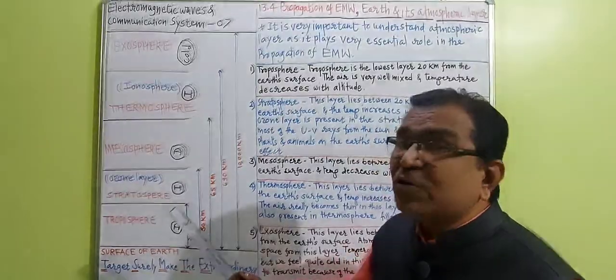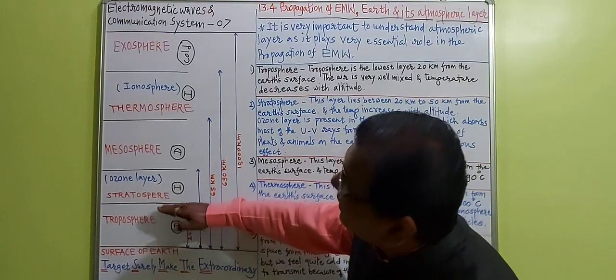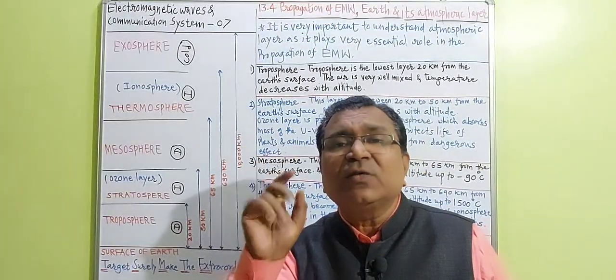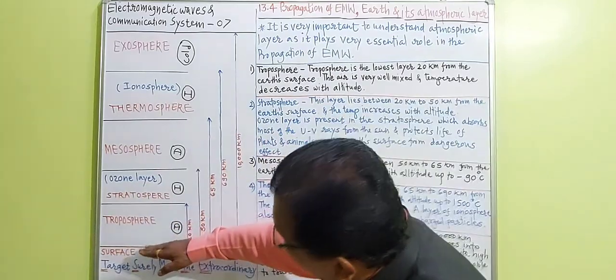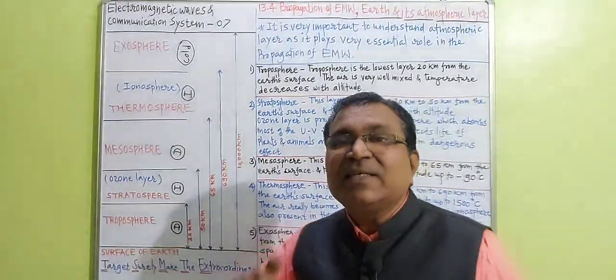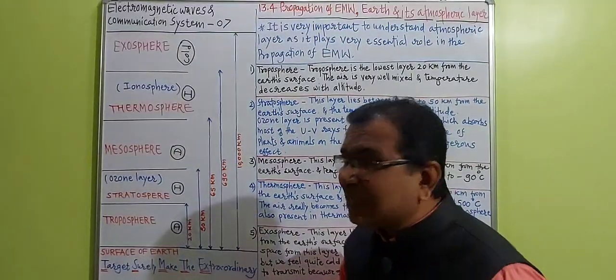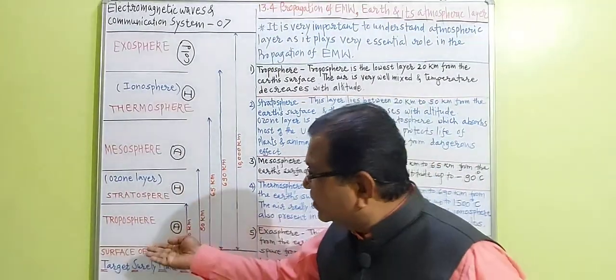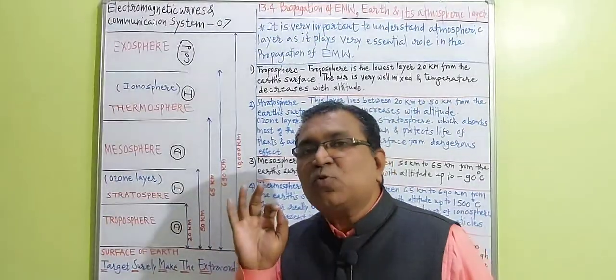D stands for temperature decreases with altitude. What is meant by altitude? Altitude is nothing but the height. As height goes on increasing, temperature goes on decreasing. This D stands for temperature decreases from bottom to top. This is the situation of troposphere.